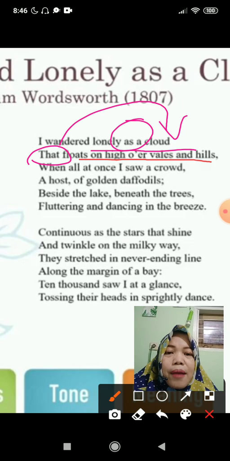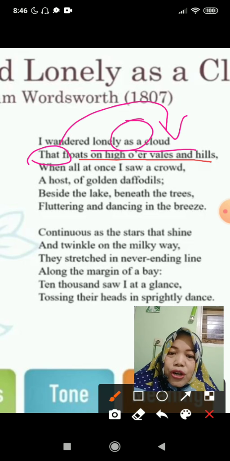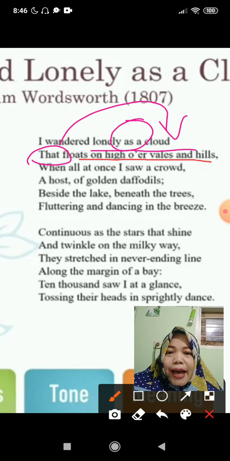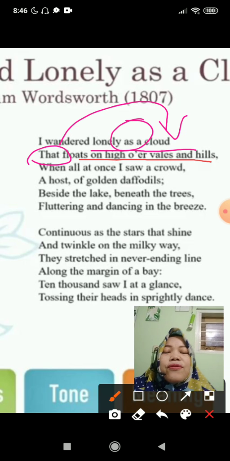Jadi mengalir. Padahal kan cloud di situ not just like water, okay? The float is water, so it could be a metaphor karena dibandingkan dengan hal yang sama tapi tanpa like, tanpa as, tanpa such. So that will be metaphor, okay?